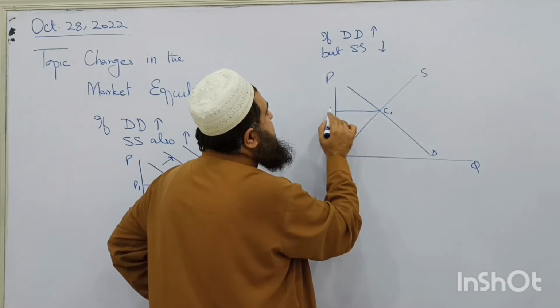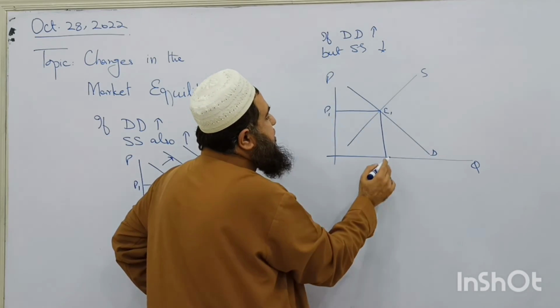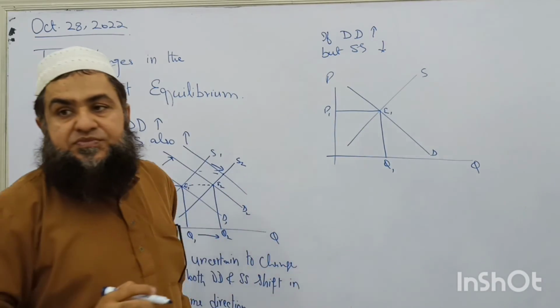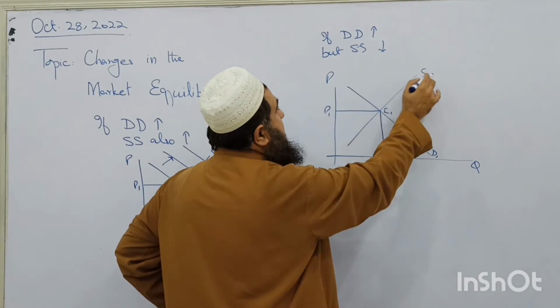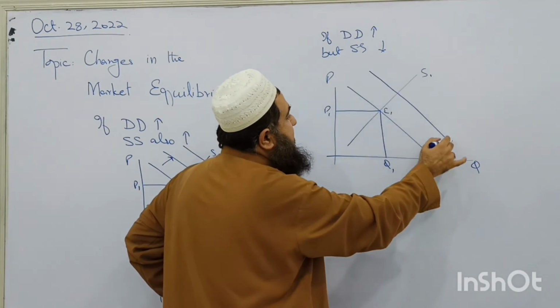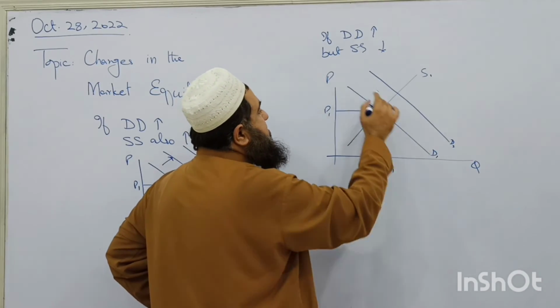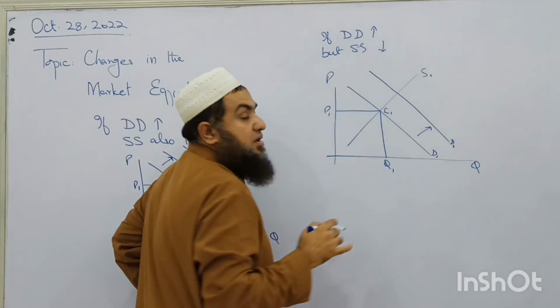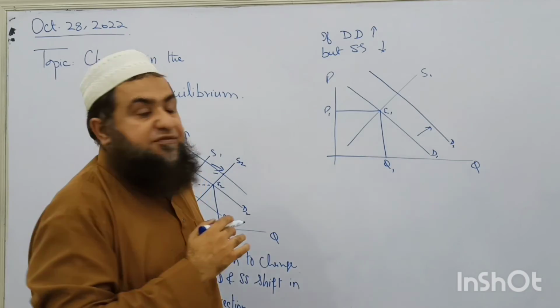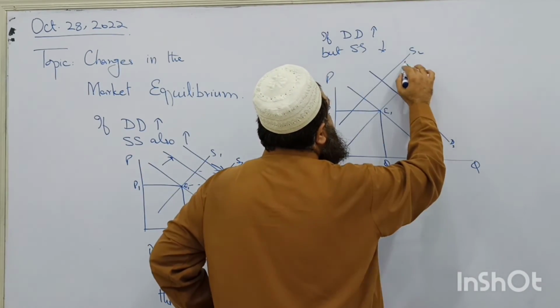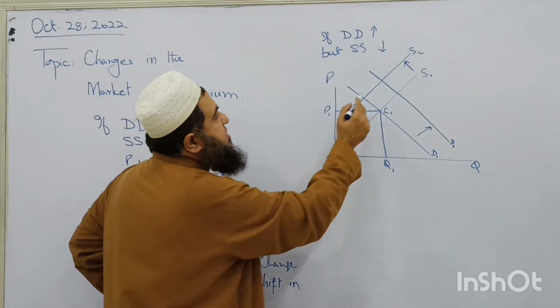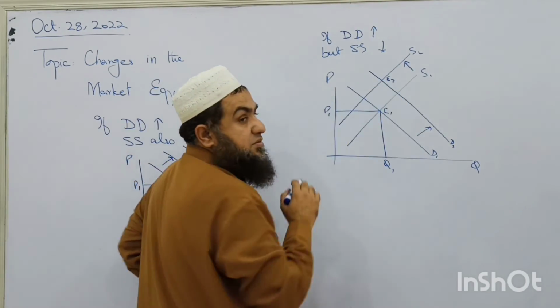Before any change, this is the equilibrium price and this is the equilibrium quantity. Clear? Now demand has increased. This is the increase in demand. Alright? Now supply is shifting leftward. So this is the new equilibrium point.